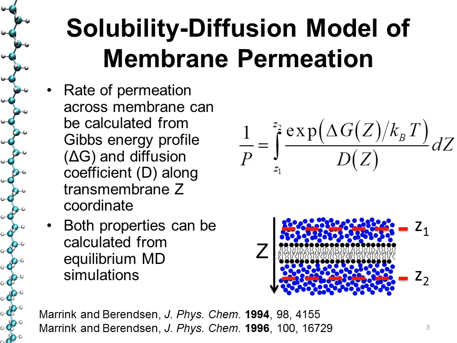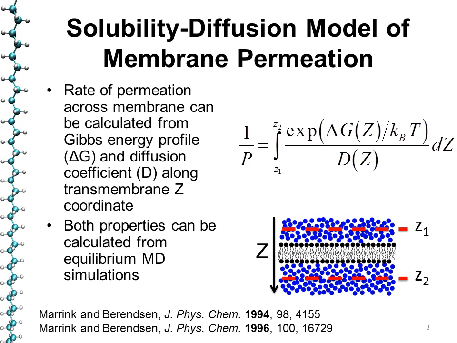To examine this process, we use a solubility-diffusion model that was developed by Marrink and Berendsen. What this model does is calculate the permeability coefficient by integrating an expression that depends on the Gibbs energy profile and the diffusion coefficient profile across a transmembrane axis, in this case indicated as Z. We integrate between values on this axis between Z1 on the interior of the membrane and Z2 on the other side.